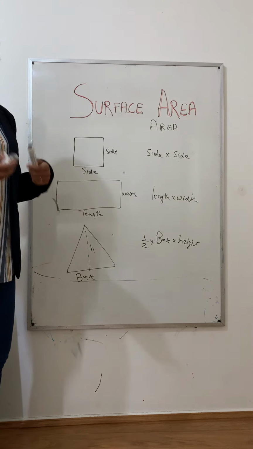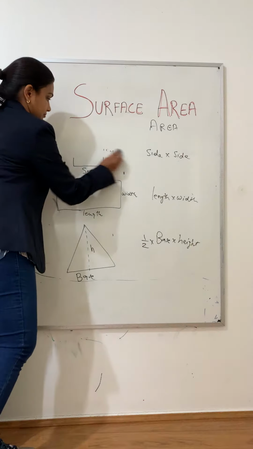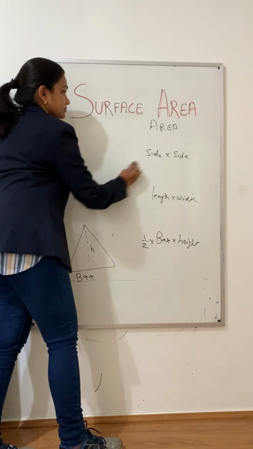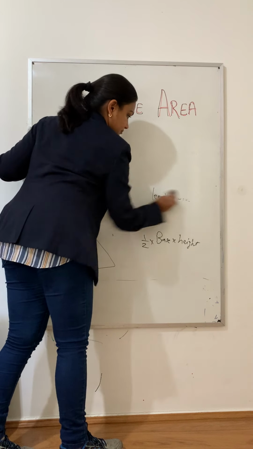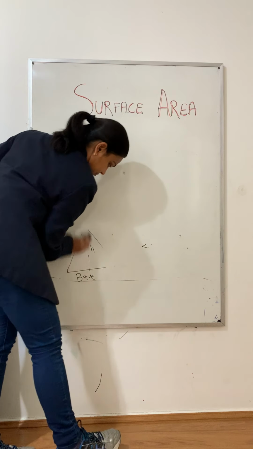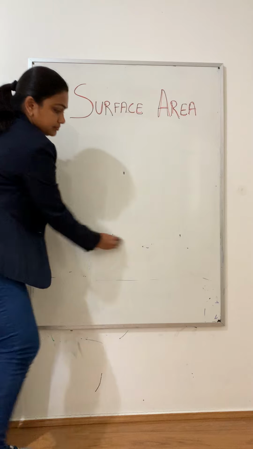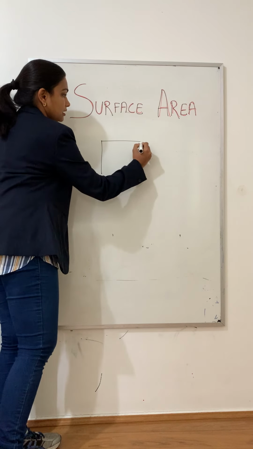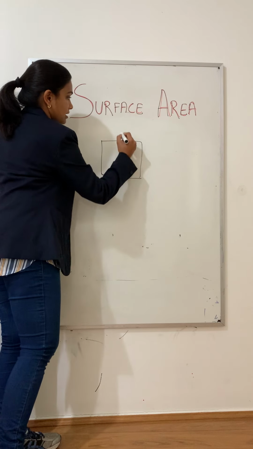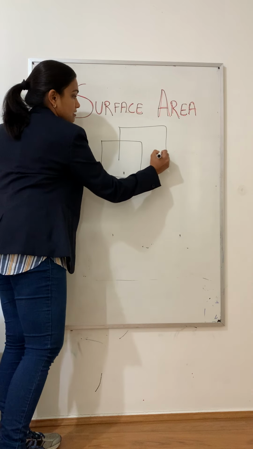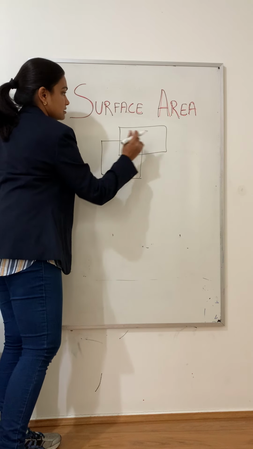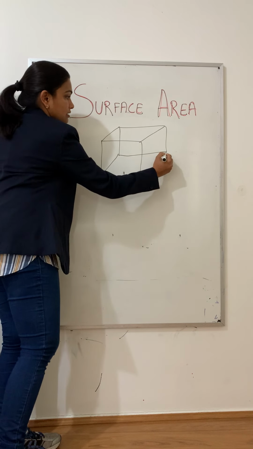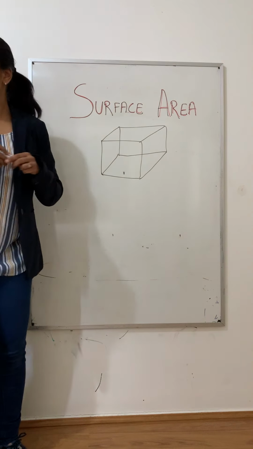Now let's see about a cube. A cube has 6 faces and all the sides are equal.